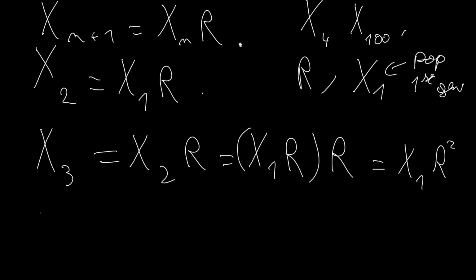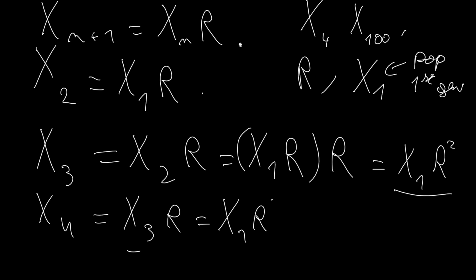Now x4 would then be equal to x3 times R, which would be equal to, well, x3 is x1 R squared, so x1 R squared times R, and we would get x1 R cubed.